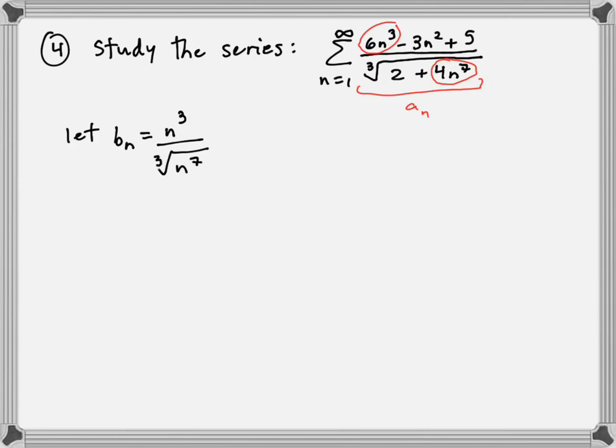Let's begin with the limit. We want to show that they are going to behave similarly, so we're going to use LCT right now. What's the limit as n goes to infinity of an over bn? Now, when you do a complicated limit like this, I'm going to show you something. So start by writing an over bn. Here's an.